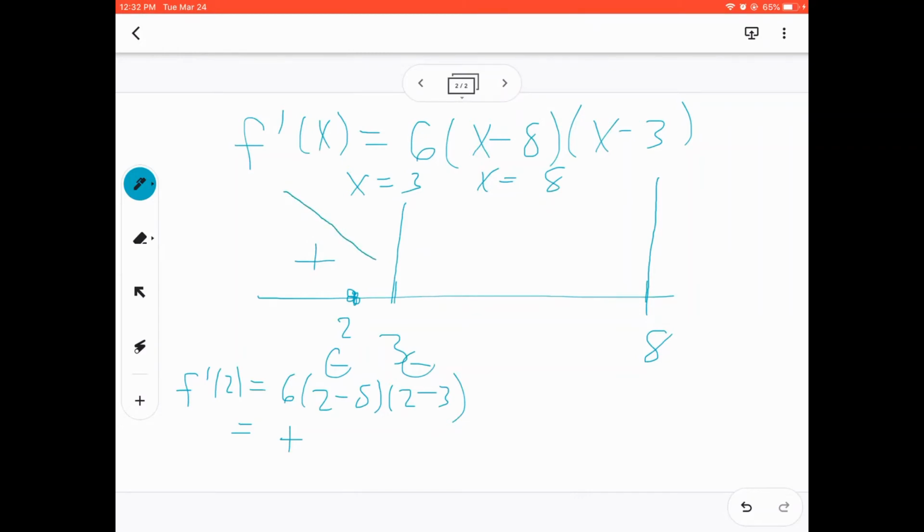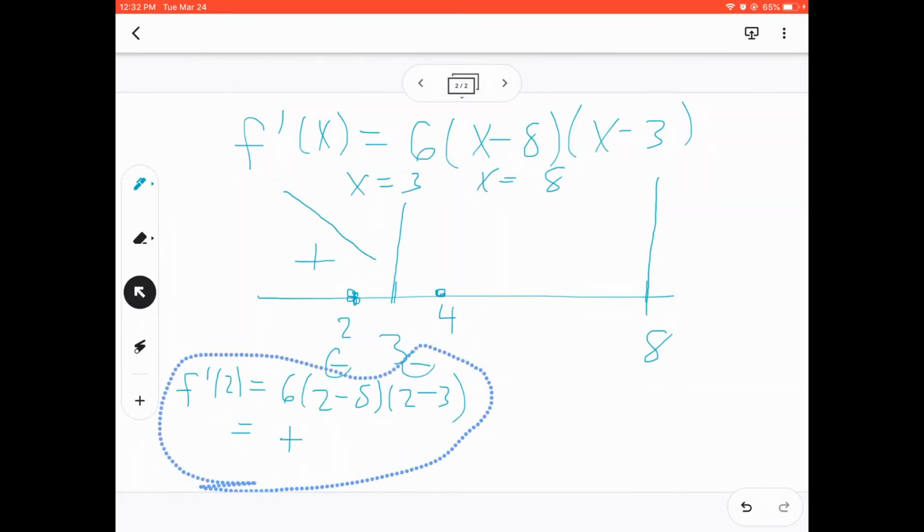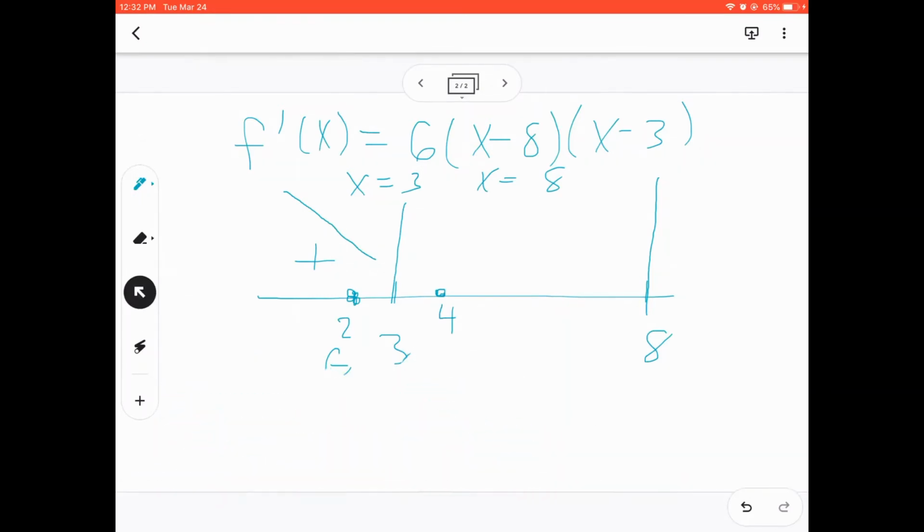Alright, so let's test something to the right of 3, like 4. Again, something easy. And let me get rid of this. So now we have to plug in 4 and see what we get. So we have 4 minus 8 in this quantity and 4 minus 3.